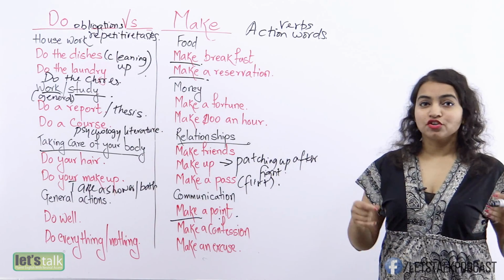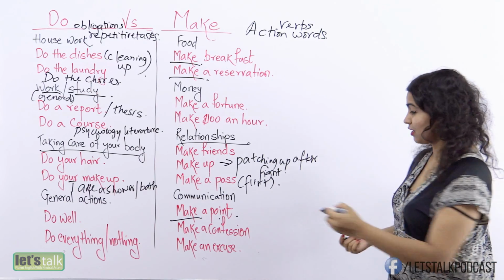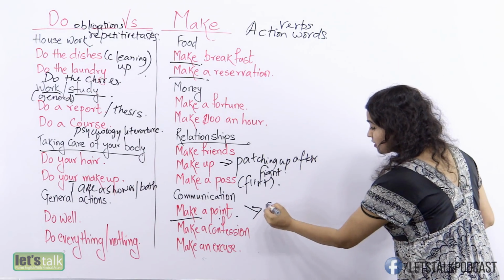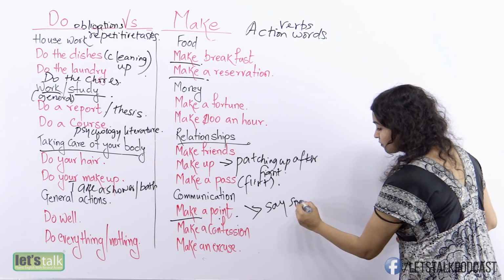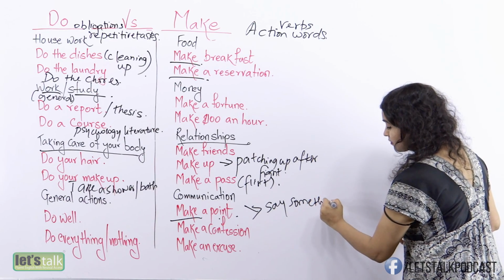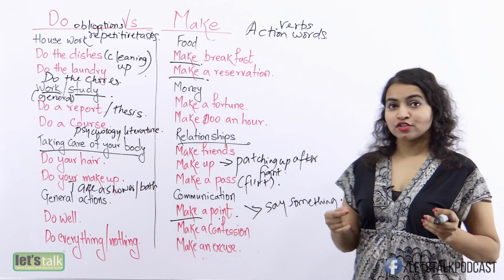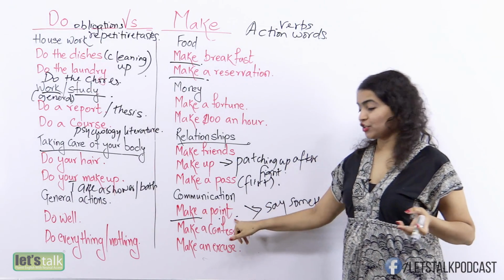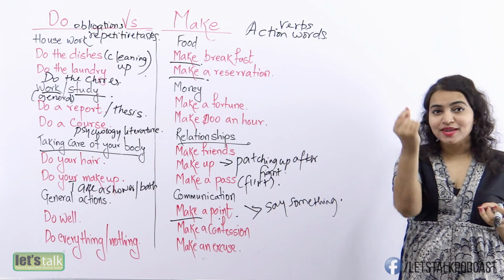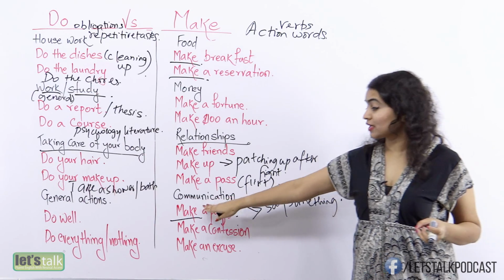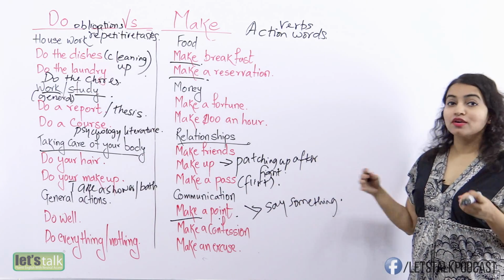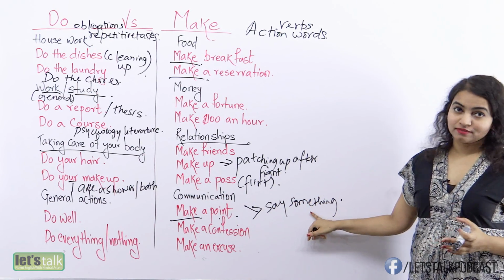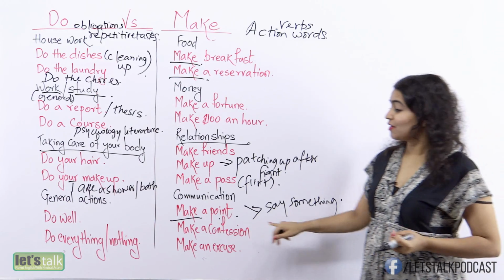Okay, so you're trying to say something, or you're trying to talk about a particular topic, that's when you are making a point. You don't do a point, you make a point because you are communicating or you are trying to talk about a topic. You're trying to say something, okay?